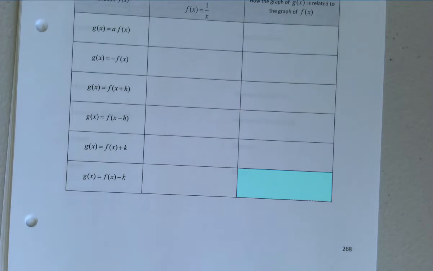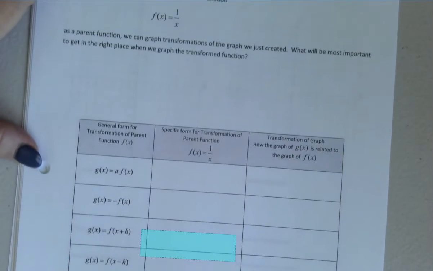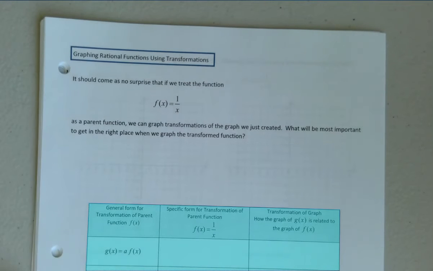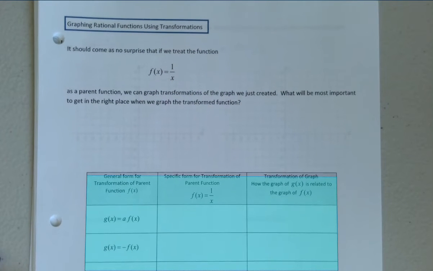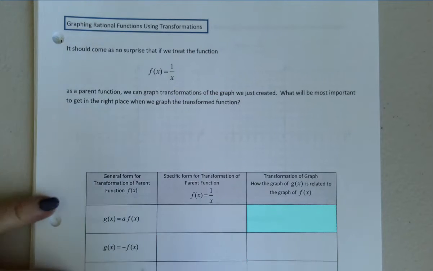All right, well, now that we know how to graph our most basic rational function, what about other rational functions? We can, once again, use all those same transformations that we've already used 3 or 4 times this semester. If we consider our parent function, f of x equals 1 over x, and we transform that parent function, the most important pieces that we want to transform and get in the right spots would be the horizontal and vertical asymptotes.